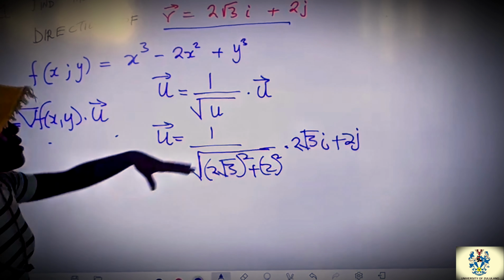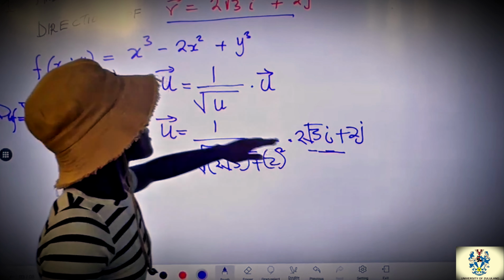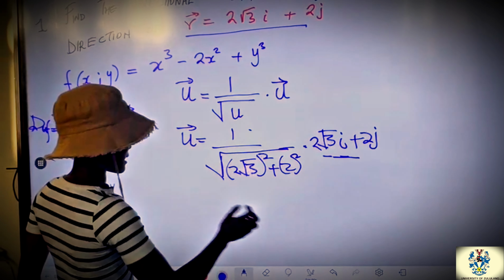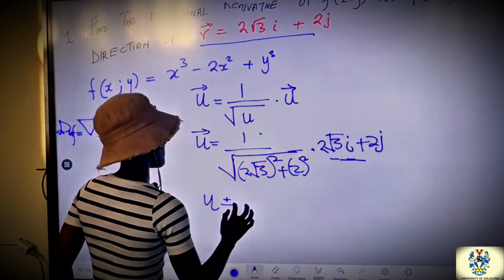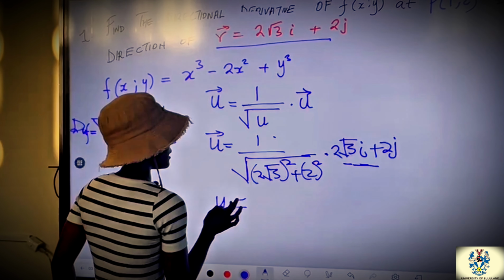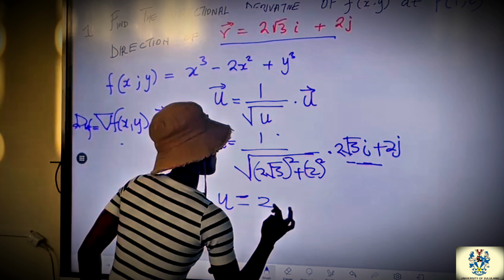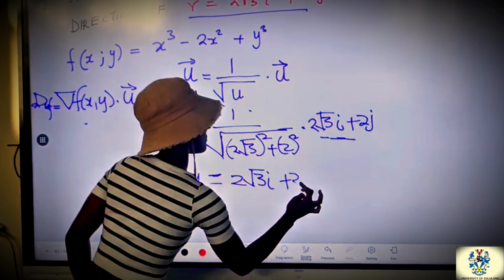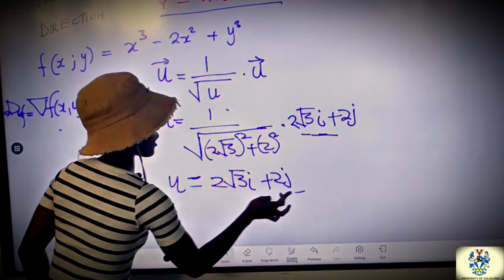Then we can bring this onto the numerator, because 1 multiplied by a certain number is that number. So u is going to be 2 root 3 i plus 2j over the square root.